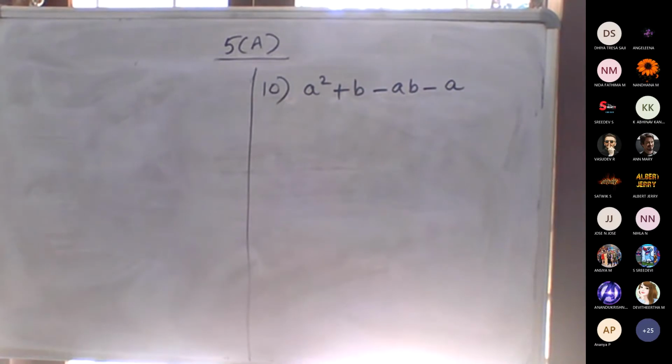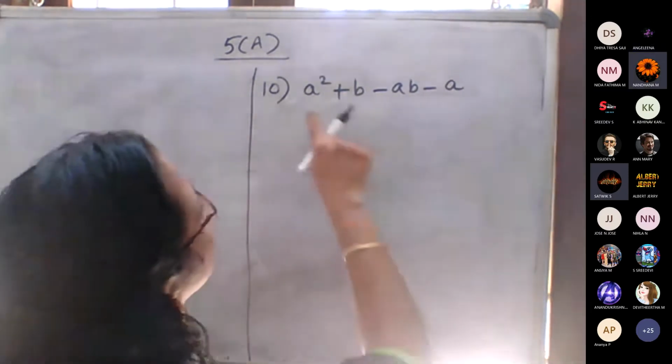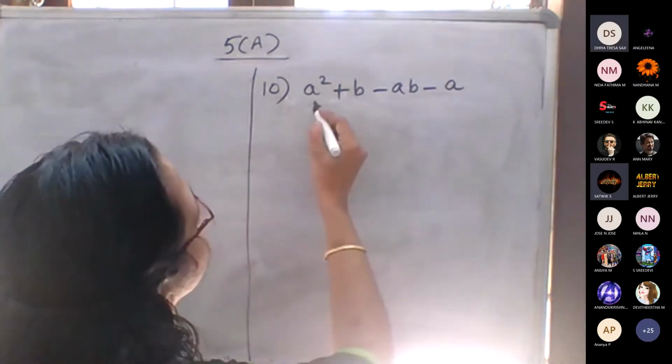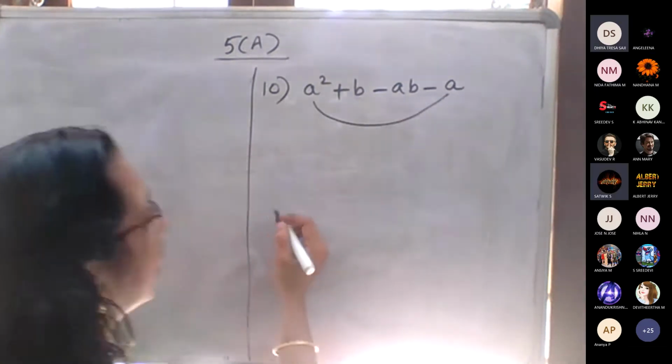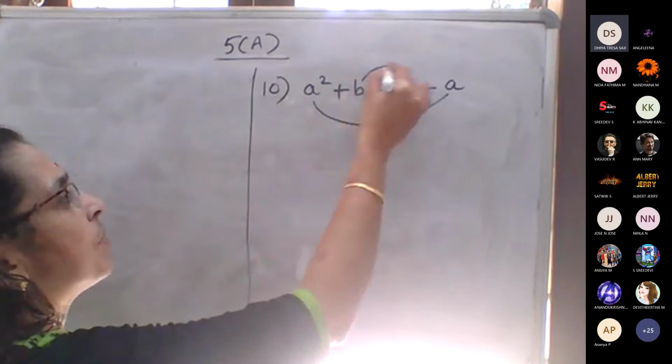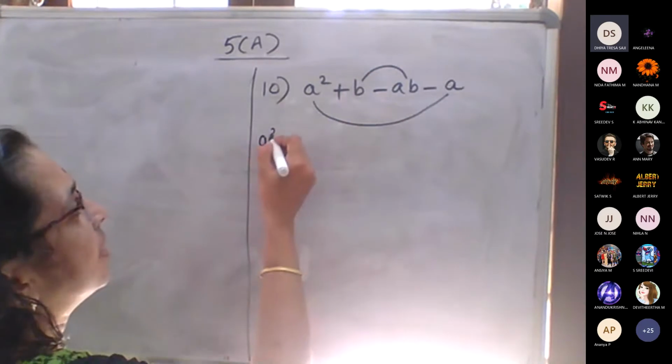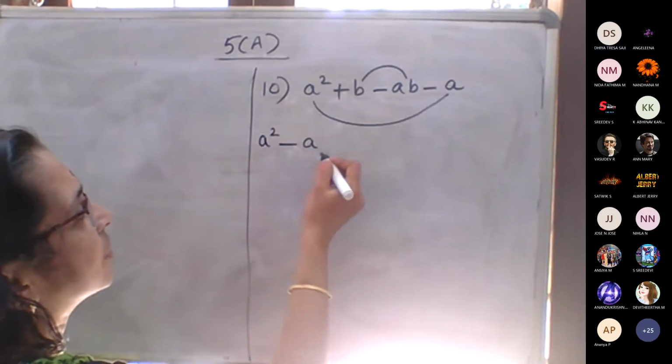So a square plus b minus ab minus a. Can we join that too, or can we take anything common from the first and second? From this, rearranging a square minus a, we will write first.